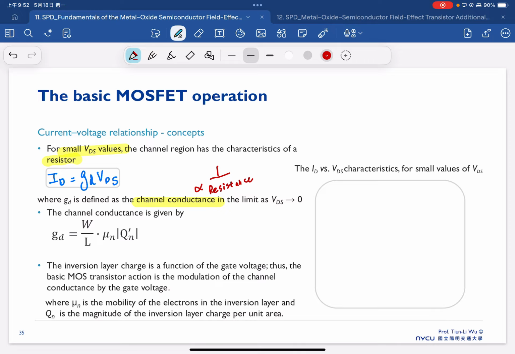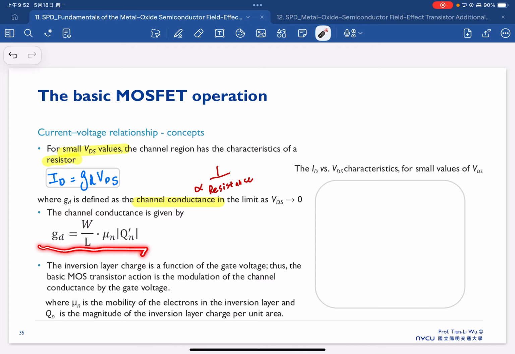This channel conductance can also be expressed by a formula, which is related to our channel width, channel length, our mobility, and also the charge in the channel.